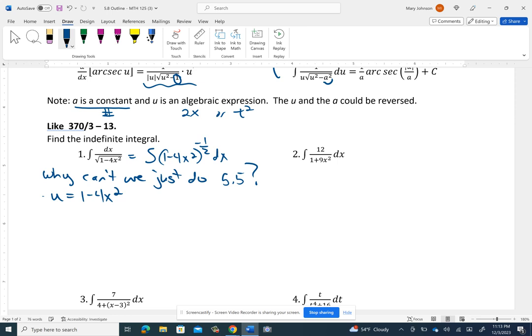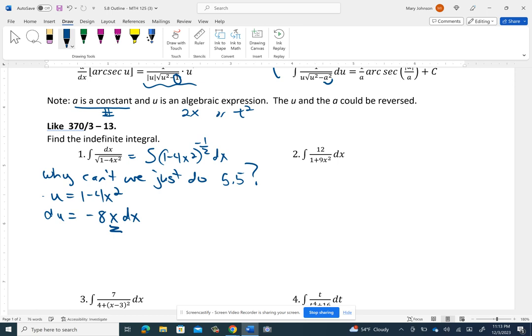Well, it's because when you let u be 1 minus 4x squared and you do the derivative of that, you get a negative 8x dx, and there's no x with that dx. And a variable like that isn't something you can just throw into the problem easily. Now, the constant we could have handled, but it's that extra little x that causes the problem.